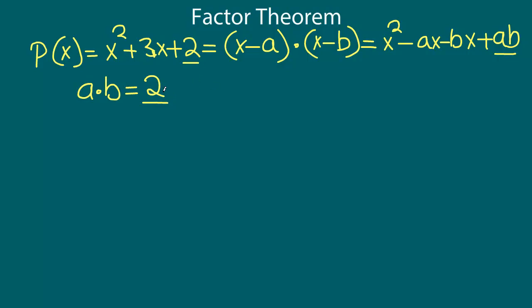What are all the factors? Remember, when we find the factors, we have to take their signs into account. The number 2 has only the factors 1 and 2, but we can have plus or minus 1 and plus or minus 2. In other words, we can have a combination of 1 times 2, or minus 1 times minus 2.